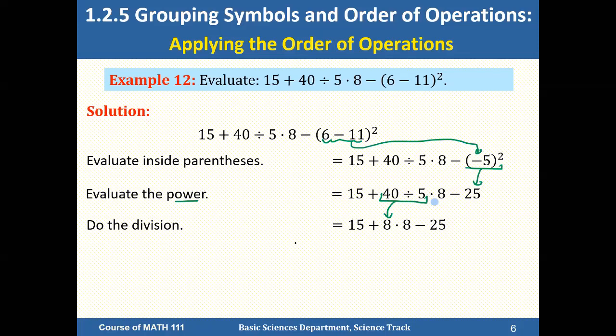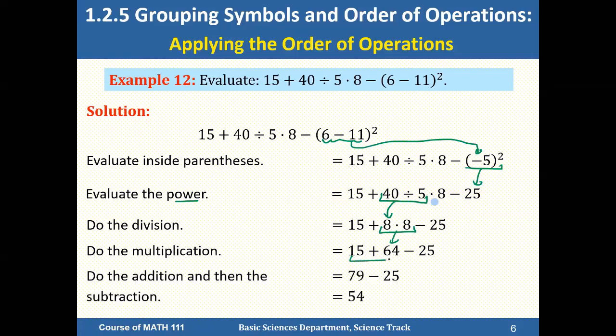Because we have division and multiplication, from left to right division comes first, then we have plus, multiplication and subtraction, so we do the multiplication, 64, then addition and subtraction, left to right, addition, and then subtraction, and we are done.